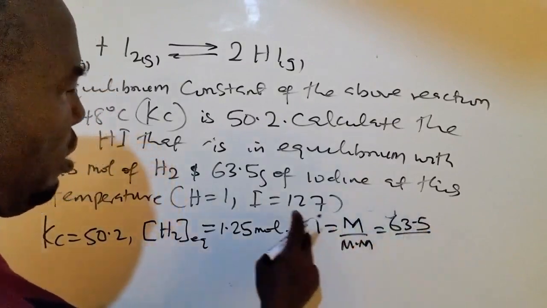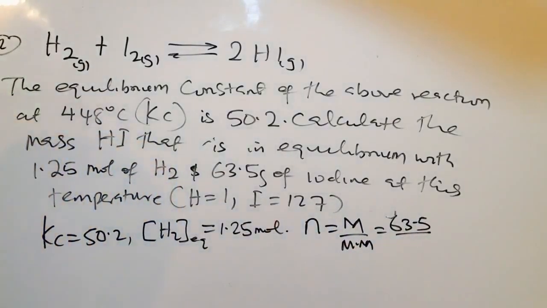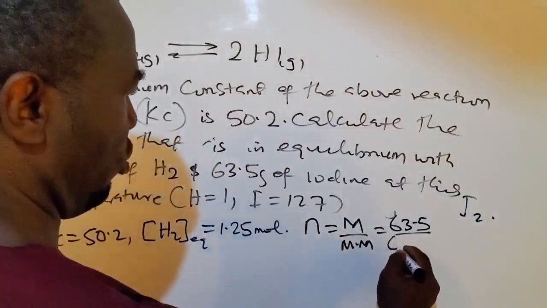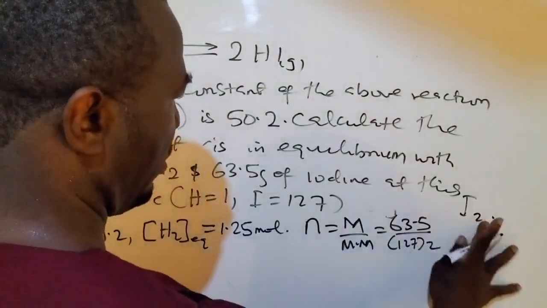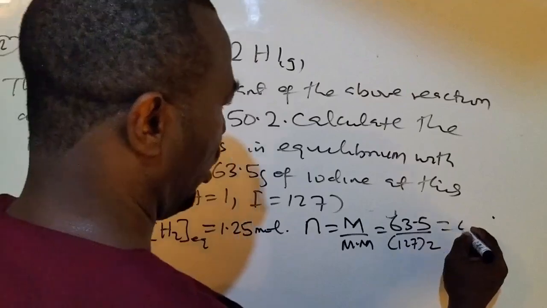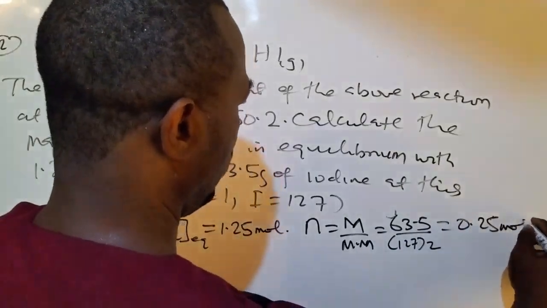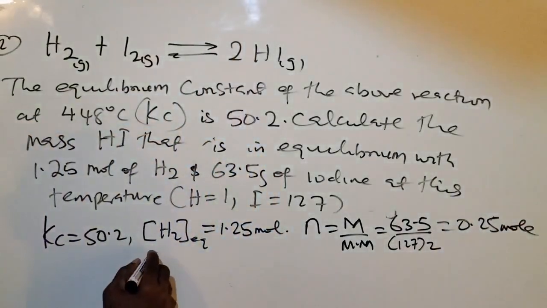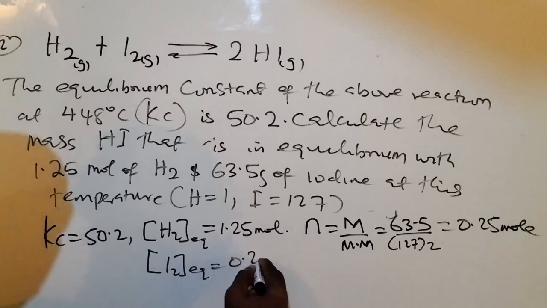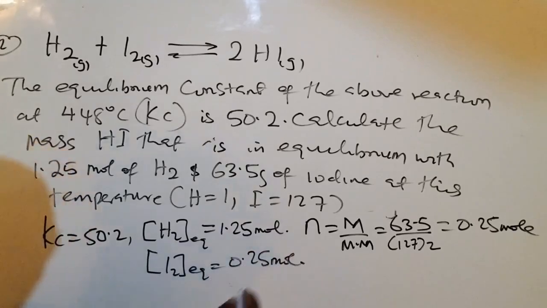The atomic mass of iodine is what they give us in brackets, and you know that iodine is a molecule, I2, so we're going to multiply this by 2 to find the molar mass. So you now have 63.5 all over 254, and that will give us 0.25 moles of iodine. So the concentration of iodine at equilibrium is taken as 0.25 mole.